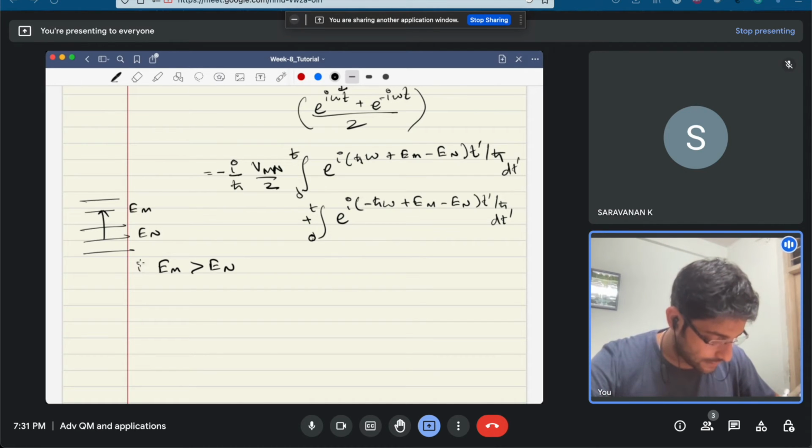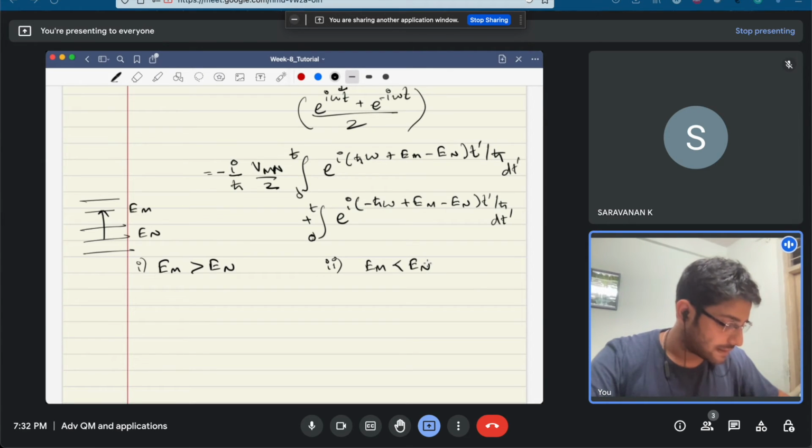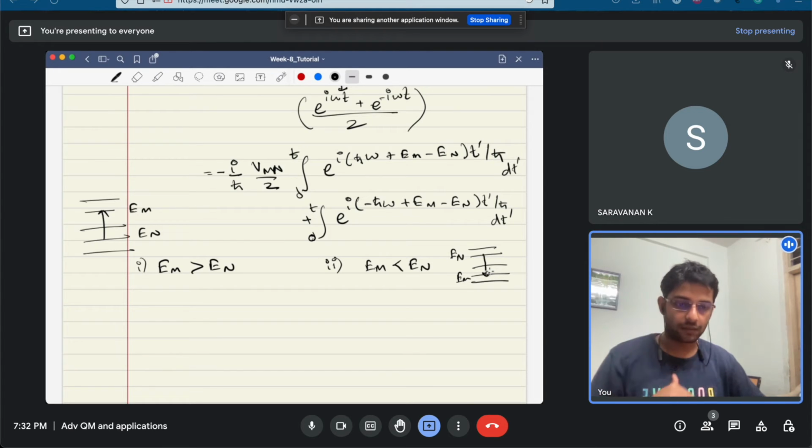The other case is that Em is smaller than En. In this case the later state is lower, so you are actually de-exciting the system from a higher state to a lower state.